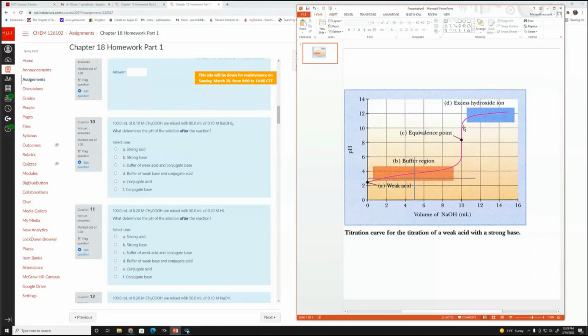Anything beyond that point, so any amount of NaOH or strong base beyond that point, the pH can be determined by the excess of that base after you subtract the moles of that base from the initial moles of the weak acid. So let's say there's 1 mole of weak acid, and at 12 milliliters of NaOH, there is 1.5 moles of NaOH.